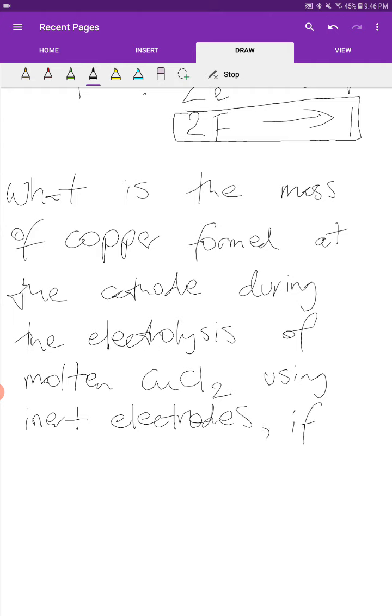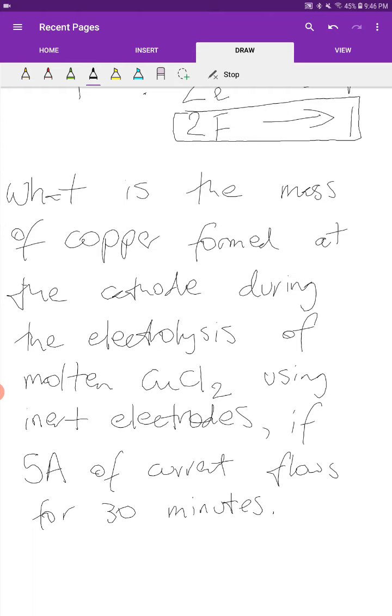And just to make life easy, we're going to use our current and time from the question above. So if 5 amp of current flow for 30 minutes, and then you know your relative atomic mass of copper is 64 grams per mole.